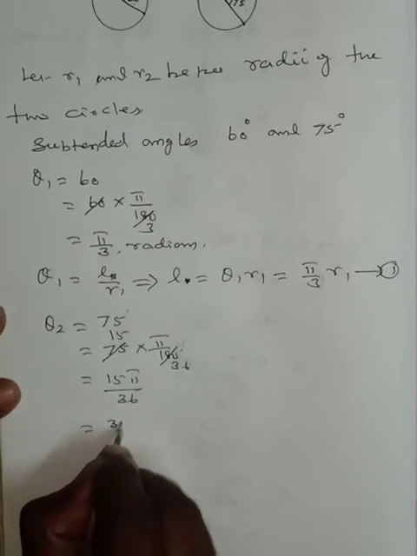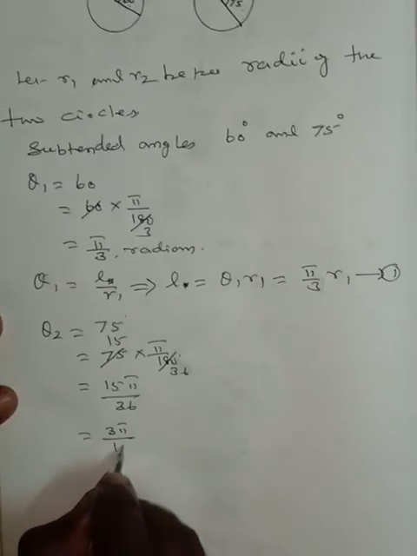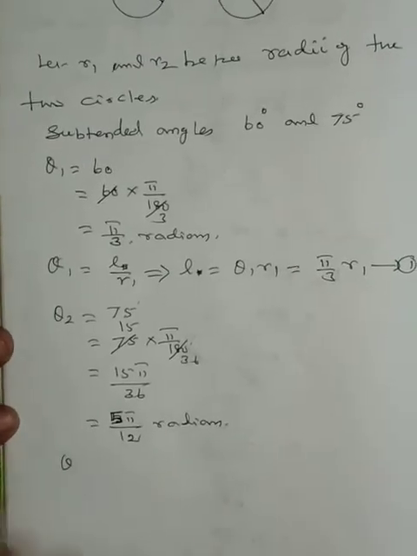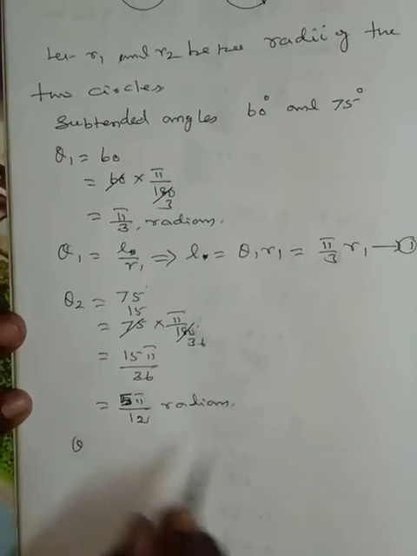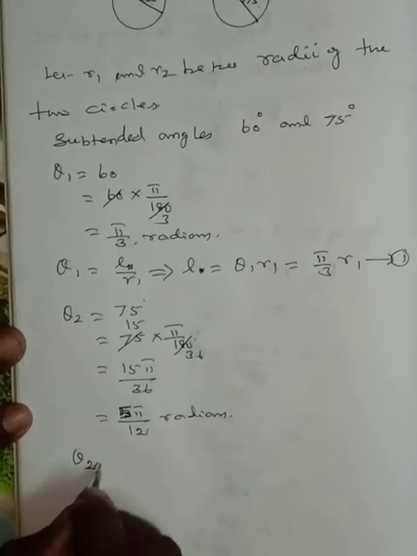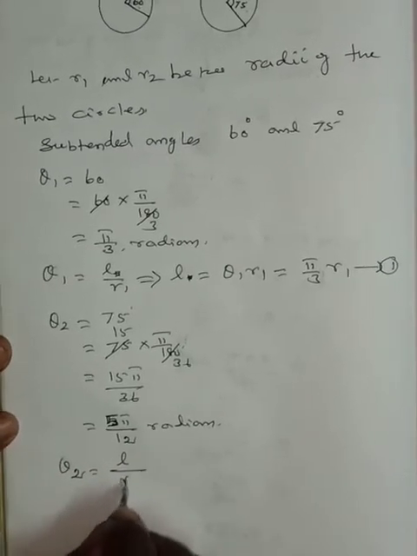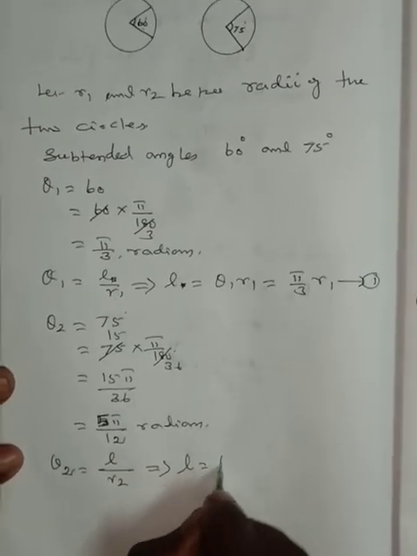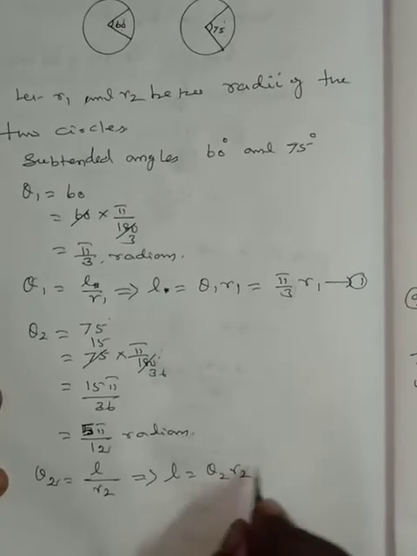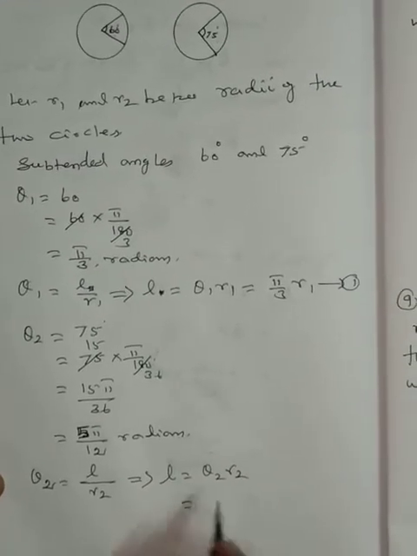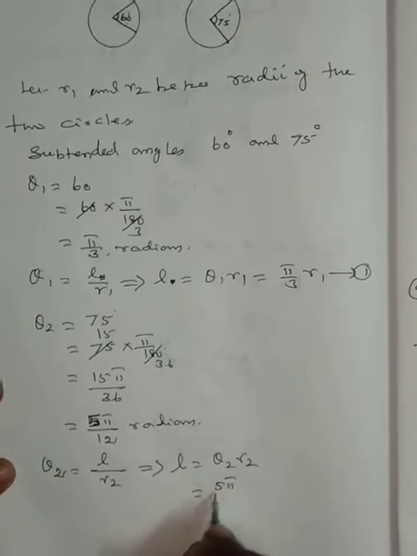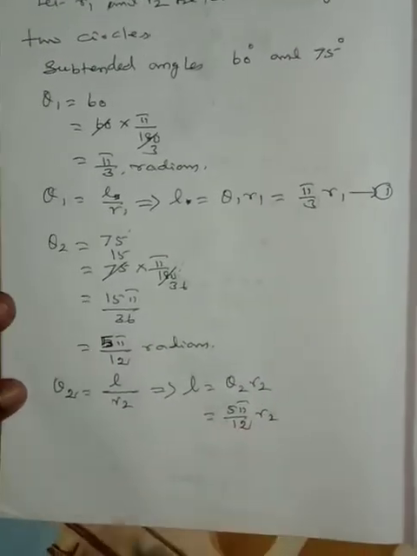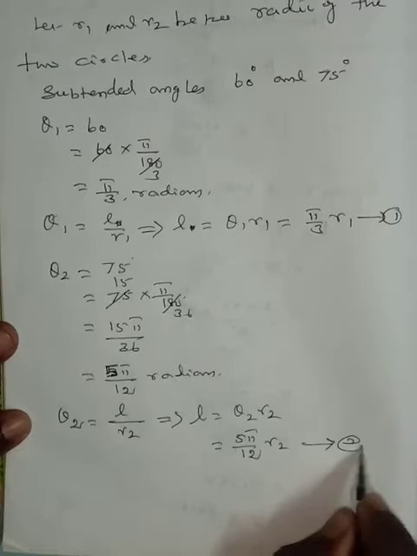So 5 pi divided by 12 radians. Now theta 2 is equal to L divided by R2. Cross multiplying we get L is equal to theta 2 R2 is equal to 5 pi divided by 12 into R2. Number this as 2.